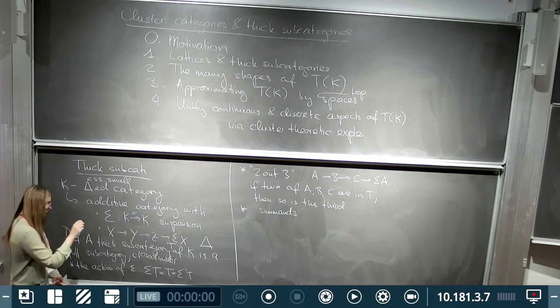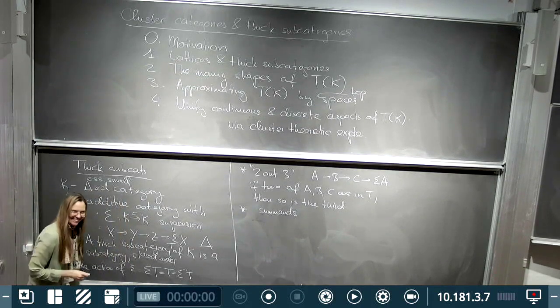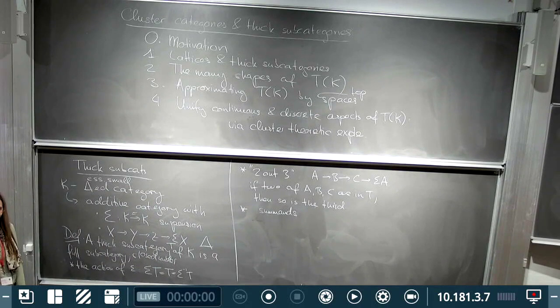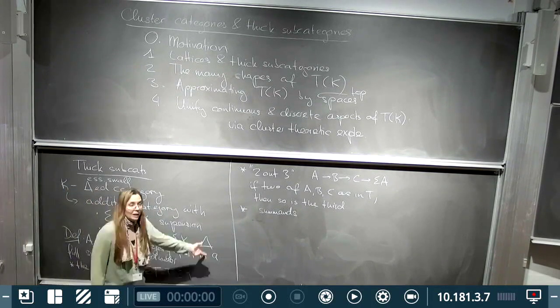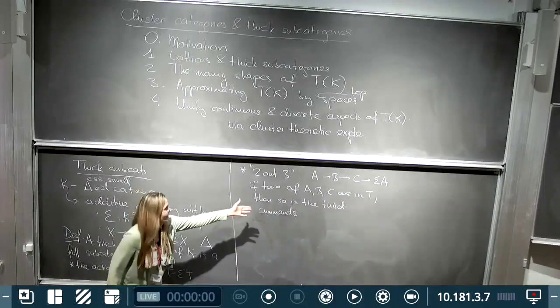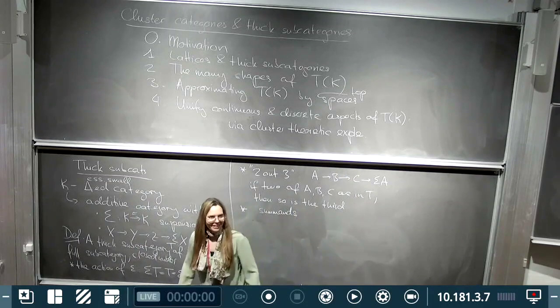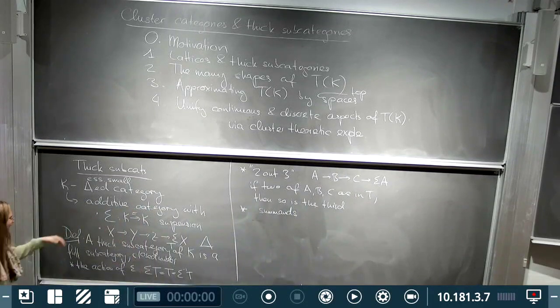It contains 0, yes. So if you have something in there, you're going to have 0 in there, because you have A equals A as a 0 cone. Good. I mean, you need it to be non-empty.